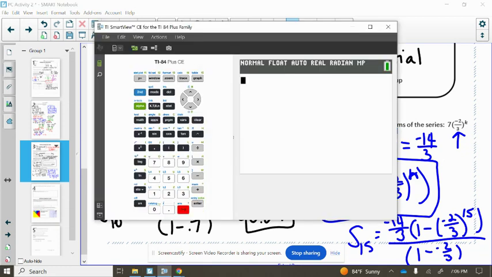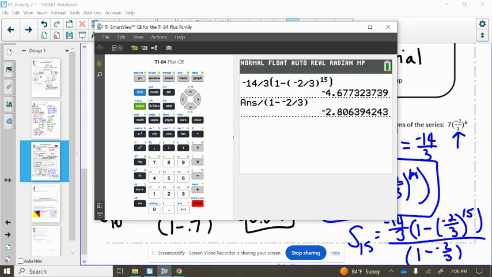So we have our first term, negative 14 thirds, and then 1 minus parentheses negative 2 thirds. I'm going to make sure I use parentheses so that negative gets raised to the 15th power. You can type it all in as one step, or I'm just going to take that divided by, again using parentheses, 1 minus our r value.